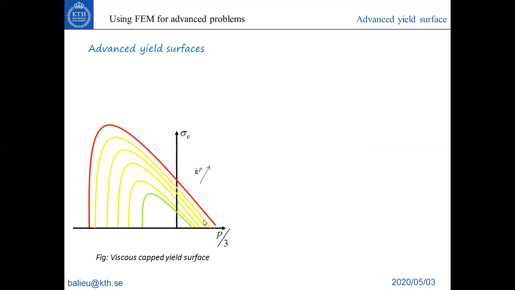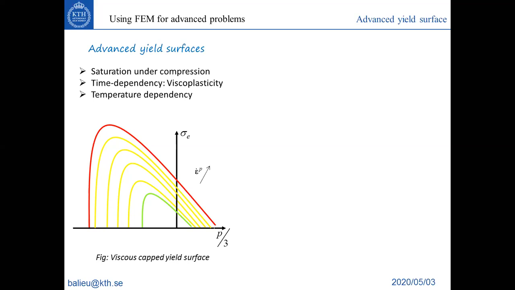I want to show you that generally this is a Drucker-Prager, but after a while there is a saturation effect. So it's like a viscous capped yield surface. So you can also have viscoplasticity.